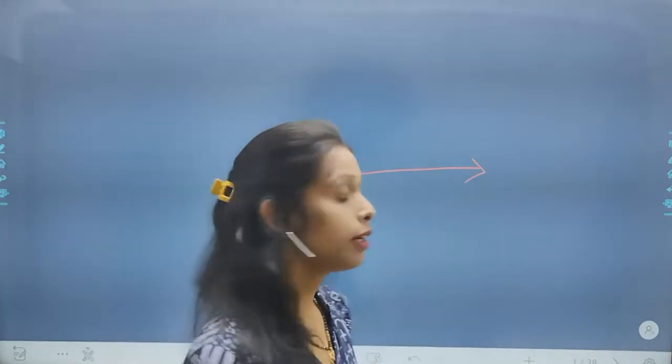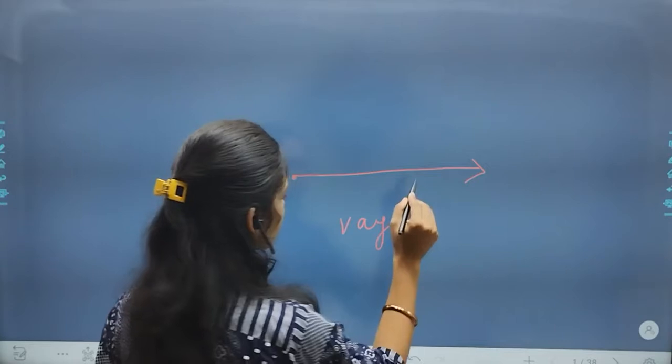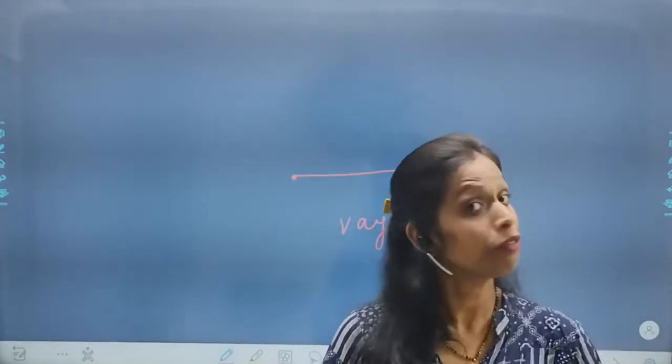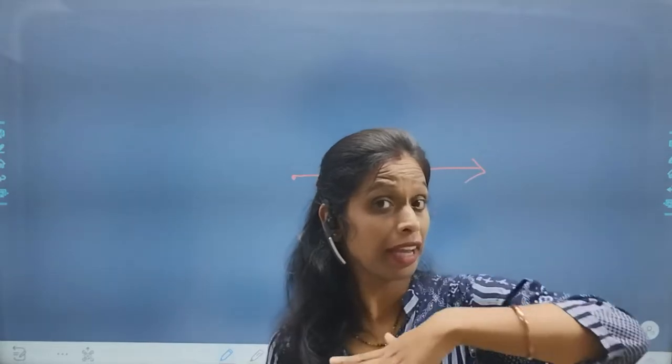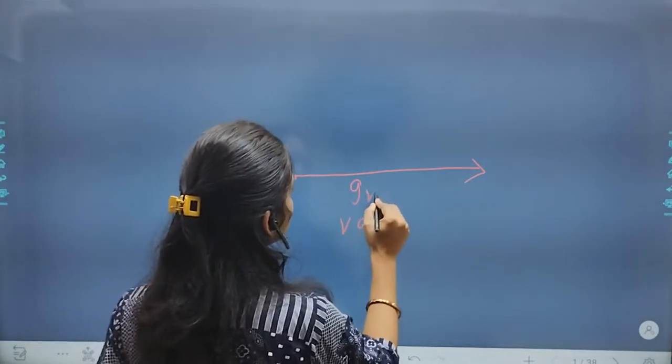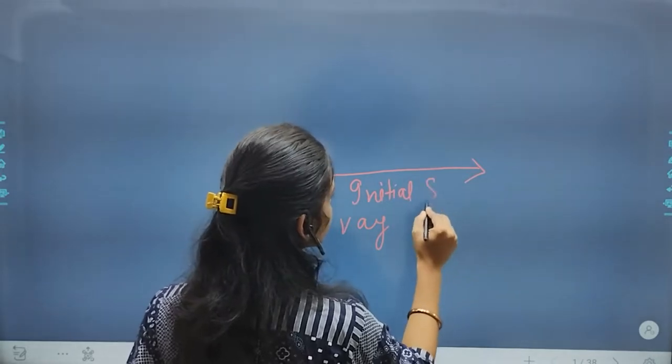This is called a ray. Okay. And when the ray is rotating like this, it creates an inclination or an angle. It is called the initial side.